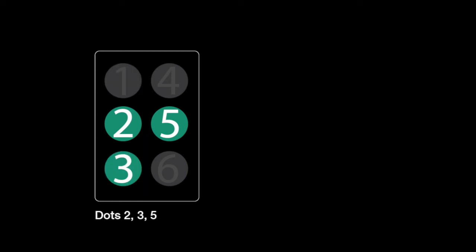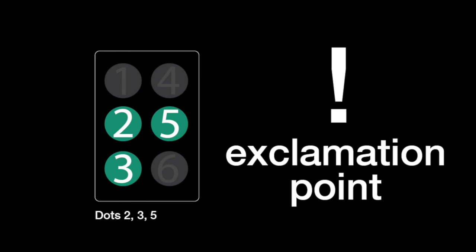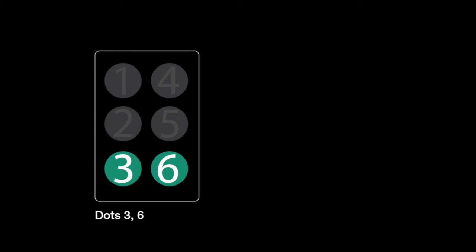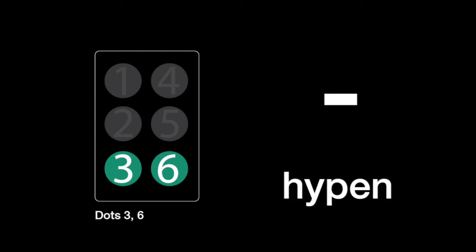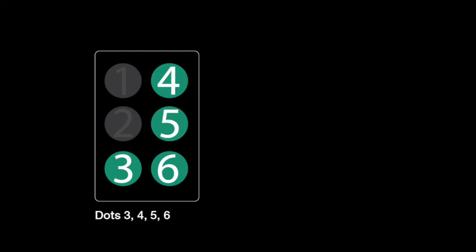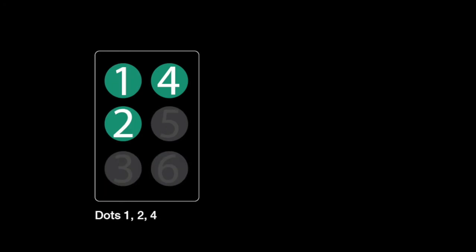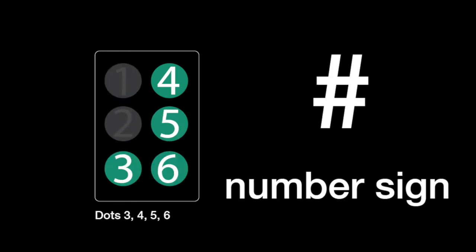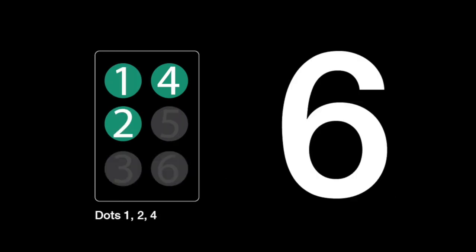Dots 2, 3, and 5. An exclamation point is dots 2, 3, and 5. Dots 3 and 6. A hyphen is dots 3 and 6. Dots 3, 4, 5, and 6 plus dots 1, 2, and 4. 6 is a number sign, dots 3, 4, 5, and 6 and F, dots 1, 2, and 4.